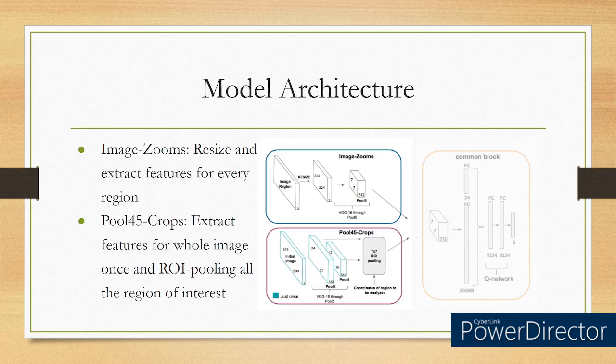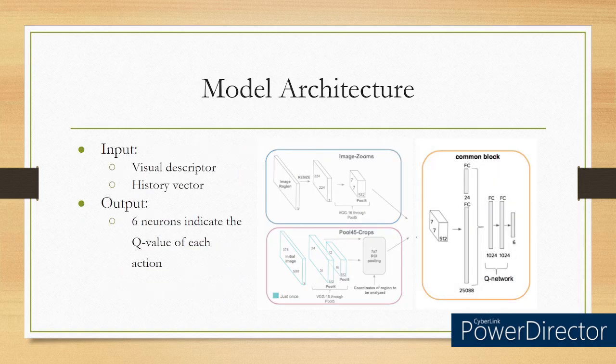This reduction in resolution can blur features, particularly in small regions, which negatively impacts detection performance. In the subsequent DQN section, as I mentioned earlier, the input consists of the state, which includes the visual descriptor and the history vector. The output comprises 6 neurons, each indicating the Q value of a specific action.